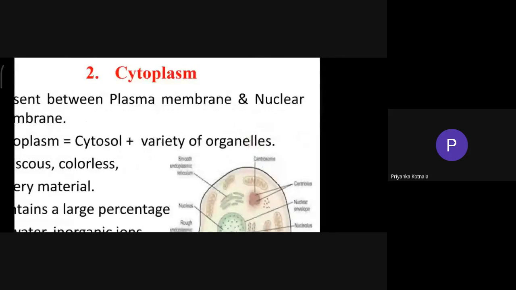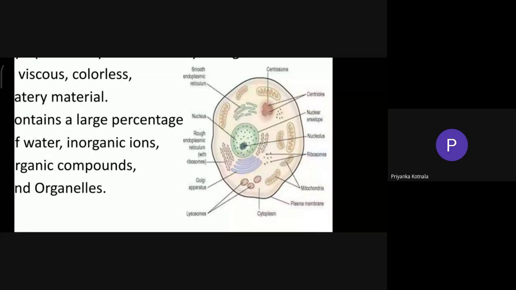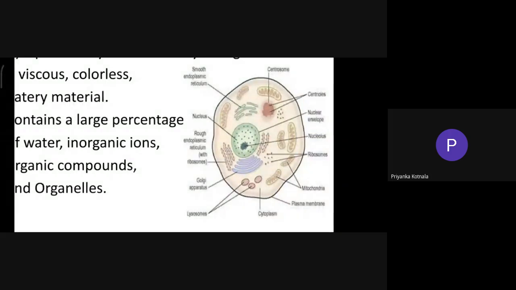This is a cell, and the black outline is the cell membrane and the green colored rounded shape is the nucleus. And all these are cell organelles, and inside the cell, these cell organelles are floating in a fluid or jelly-like structure, that is cytoplasm or cytosol.